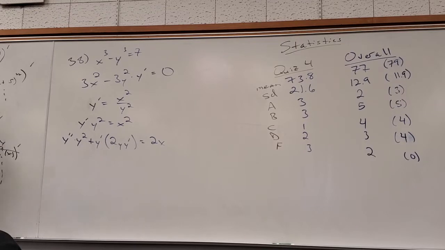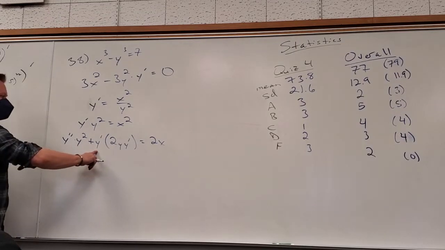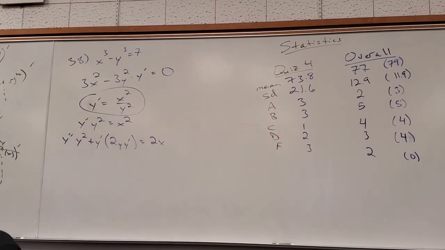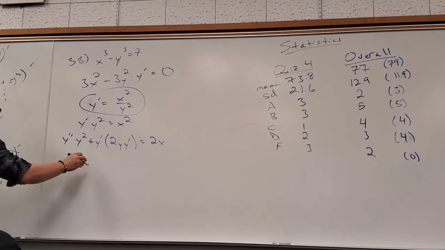Because, don't we know what y prime is? That's the trick with these problems. You already know what y prime is, so if it shows up again in a higher level, you can just replace that. So let's solve for y double prime.